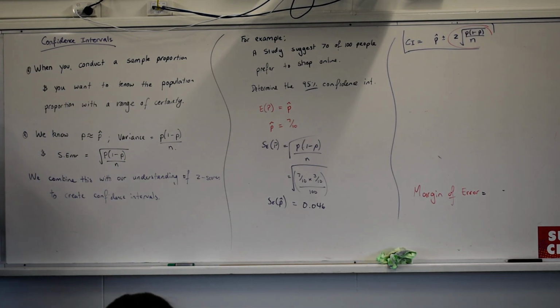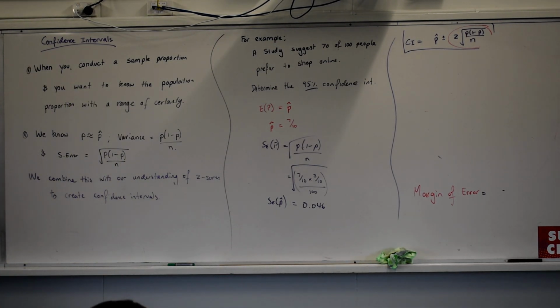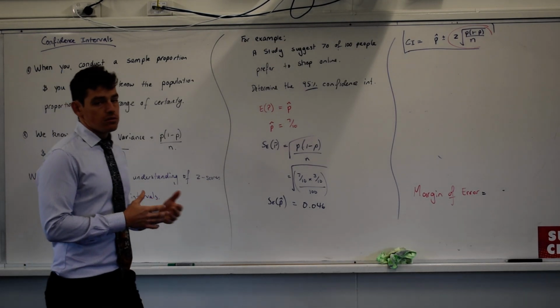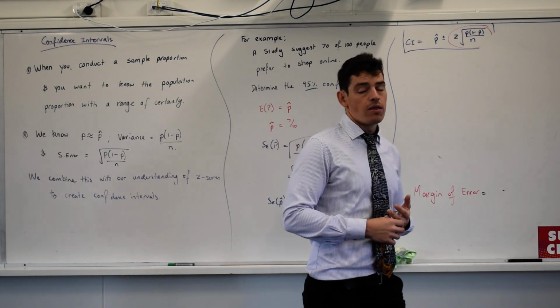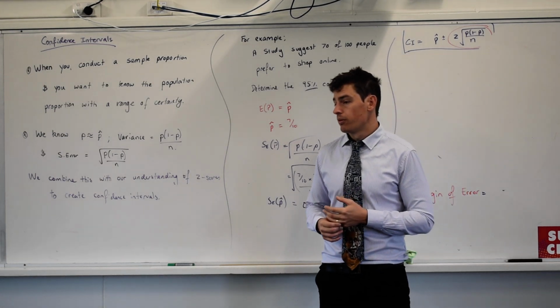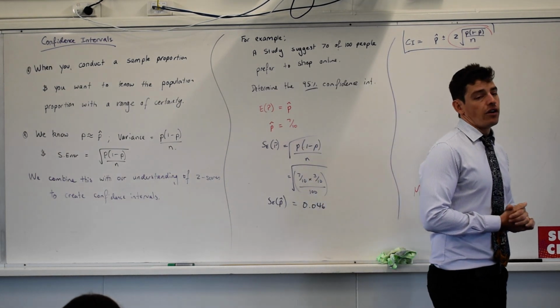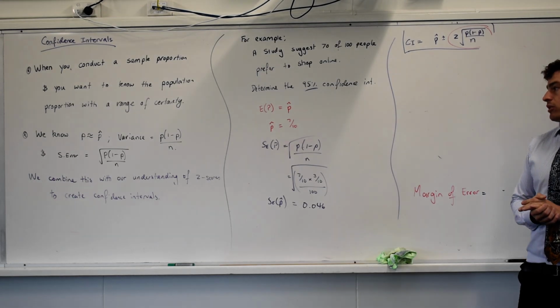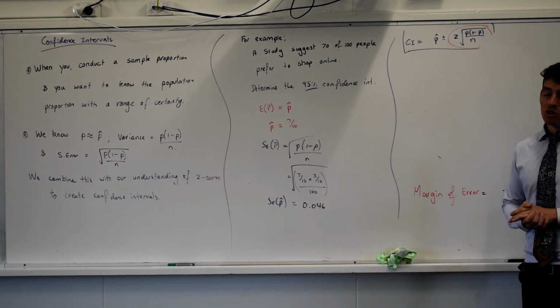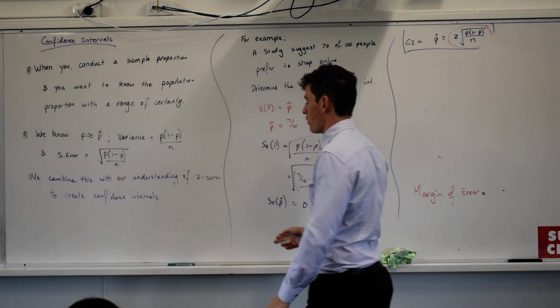We can assume normality providing that np and n(1 minus p) are both greater than 5. The mean of that distribution is centered around the mean of the population, so the population proportion, and the variance is given by p(1 minus p) over n, which means our standard deviation is simply the square root of that.